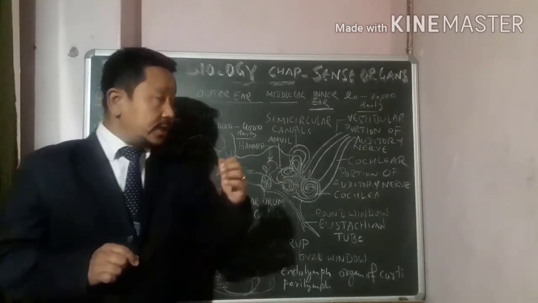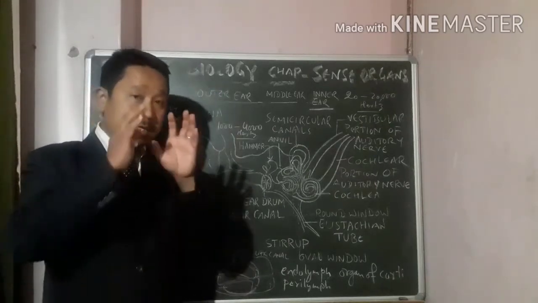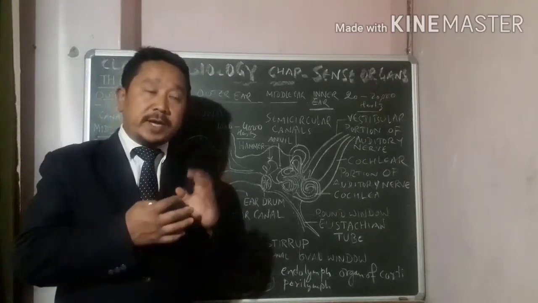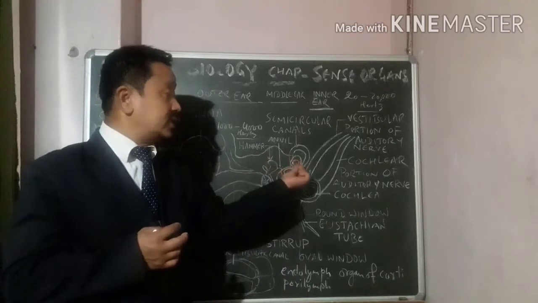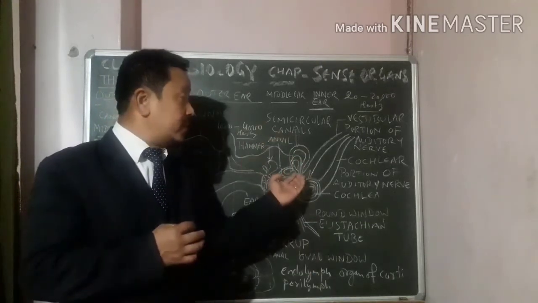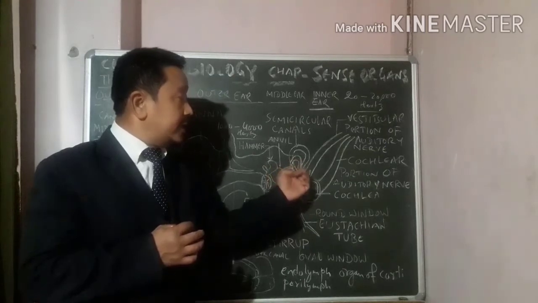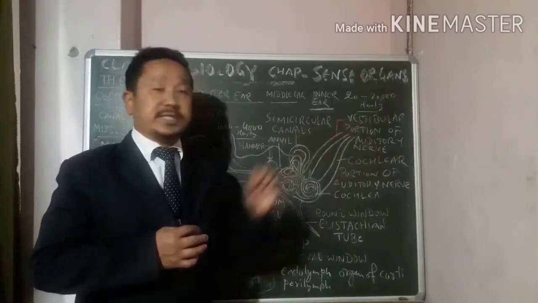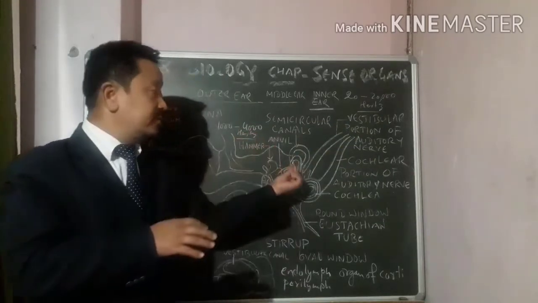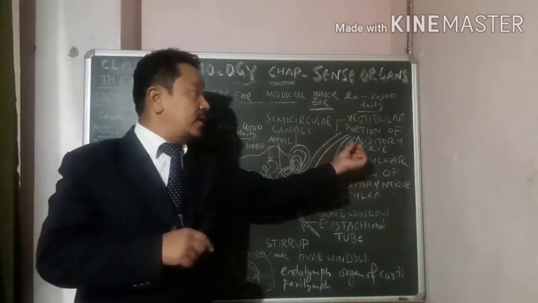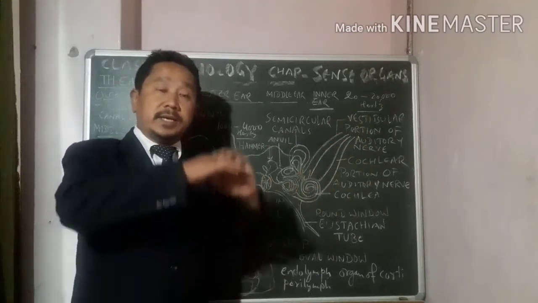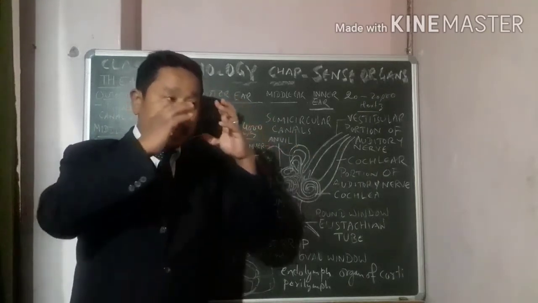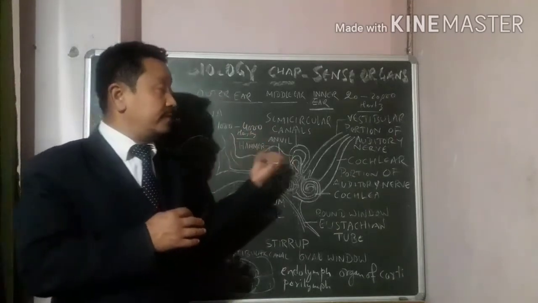As we move the head here and there, the fluid inside also moves and pushes against the sensory cells, sending the nerve impulse to the brain via the auditory nerve, where it is perceived, so that the balance is maintained.